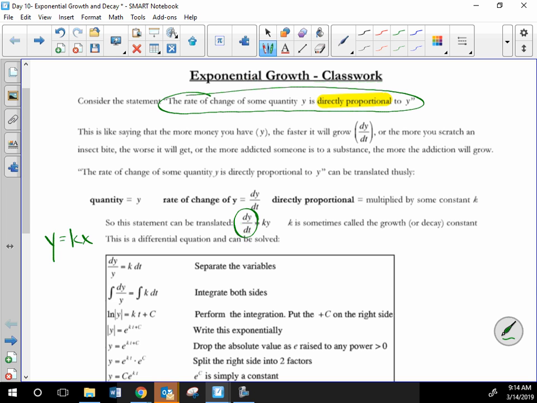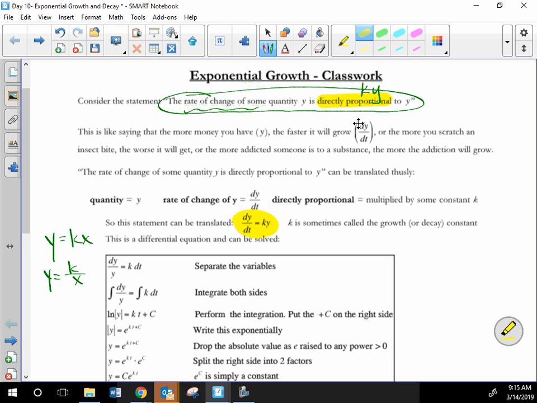If it was inversely proportional, we would say k over x. You learned this back in Algebra 1, and then you did a little more with it in Algebra 2. But when it says directly proportional, that means we're just multiplying k times that value. So my rate of change, dy dt, is directly proportional to y, it's just k times y. So that statement translates to this statement here.